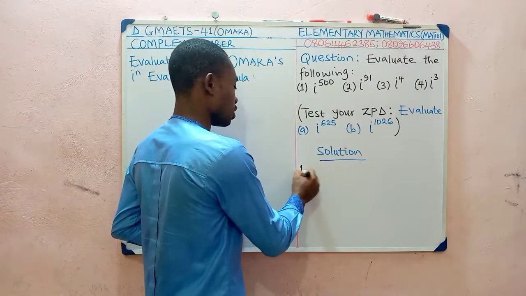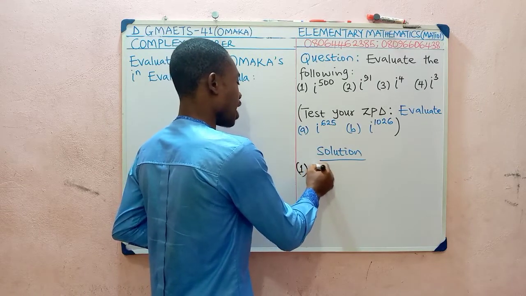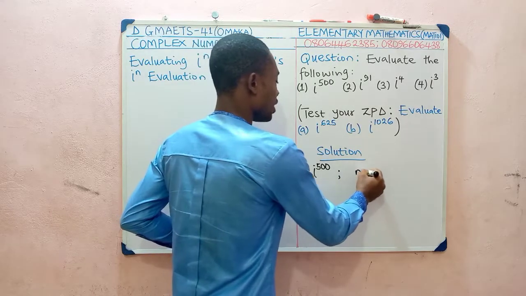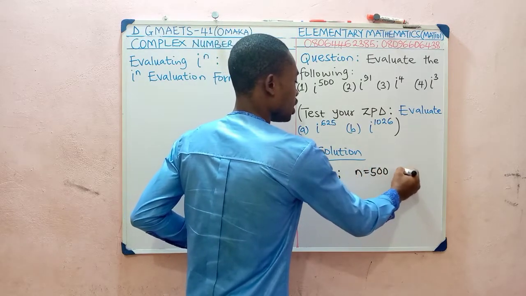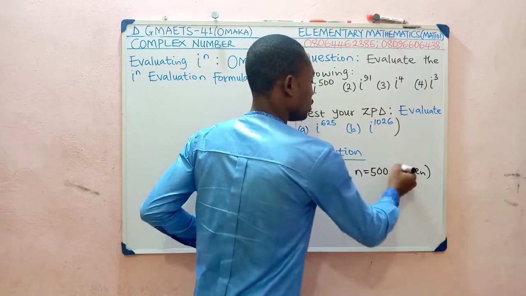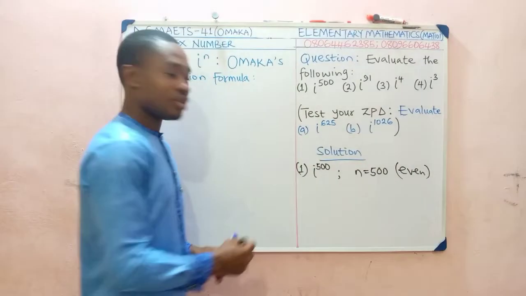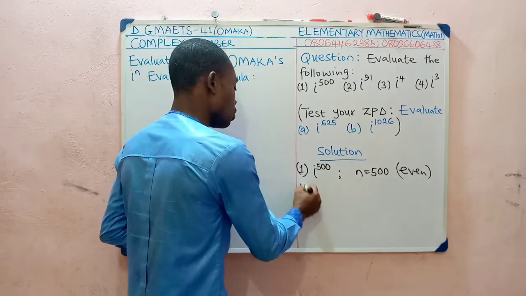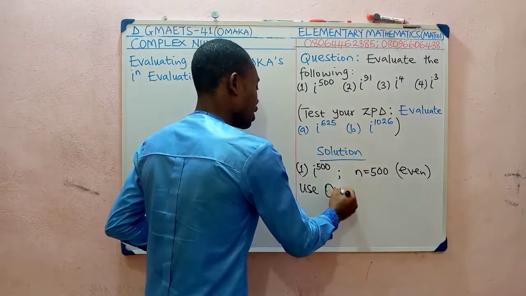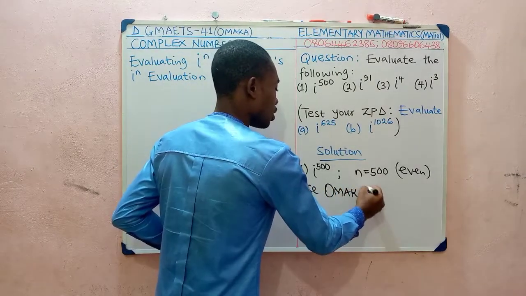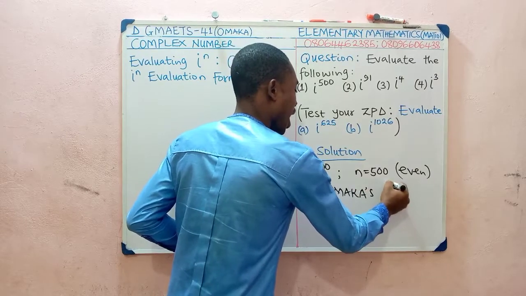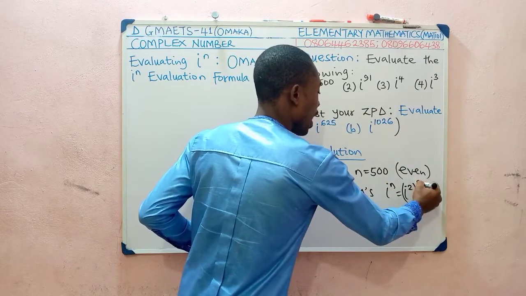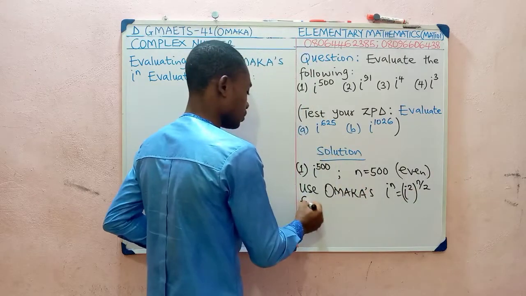The first question, we have to evaluate i raised to power 500. Now, notice that n is equal to 500 and this is an even number. Being that the power n is an even number, we're going to use Omaka's i raised to power n equal to i squared raised to power n over 2 formula.